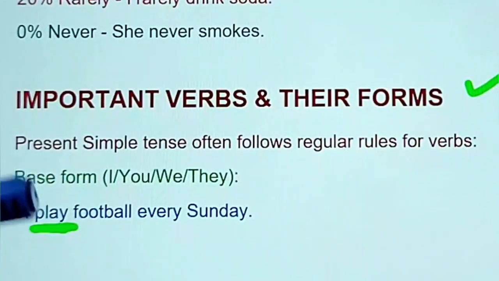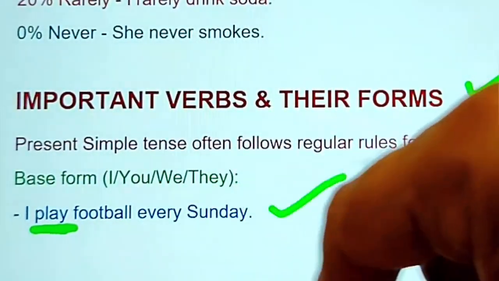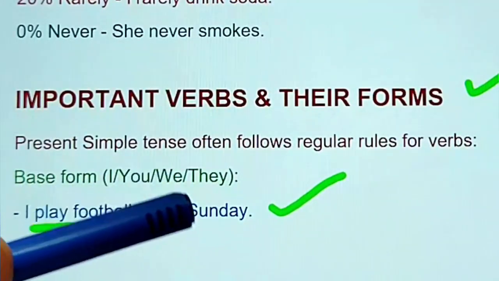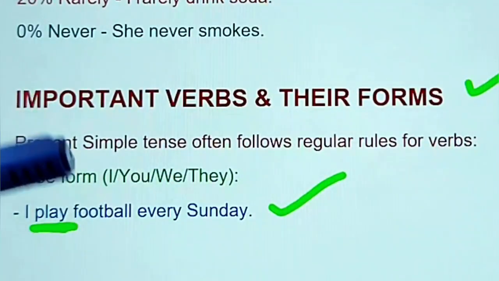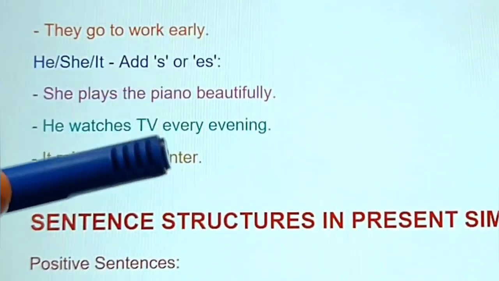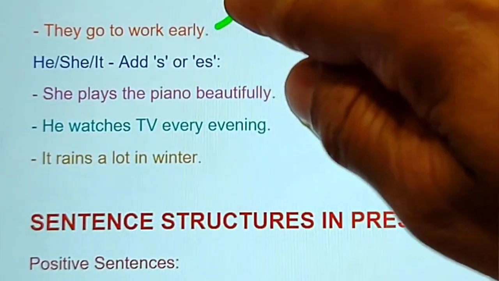For example, I play football every Sunday, so no change in the play. It comes with I, you, we and they. It remains as it is in the sentence. And next example here, they go to work early.